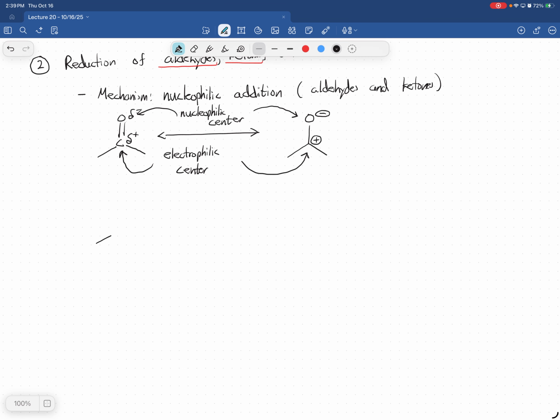Okay? All right, so let's do some examples here. Okay, so here's my carbonyl group. Based on the charges we just drew, at what position do you think this nucleophile will add? At the carbon or at the oxygen?